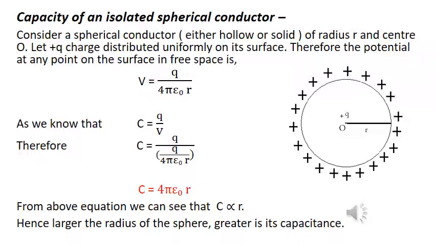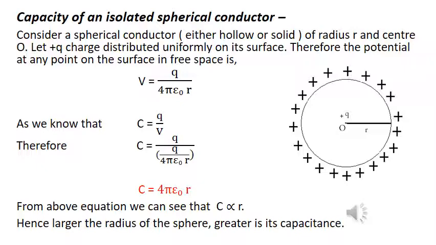So, we can write the potential at any point on the surface, if the system is in free space, V = Q / (4πε₀R). As we know, capacitance C can be written as Q / V. Therefore, by putting the value of V here, we get C = 4πε₀R.